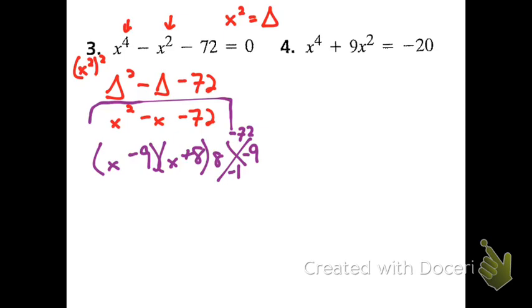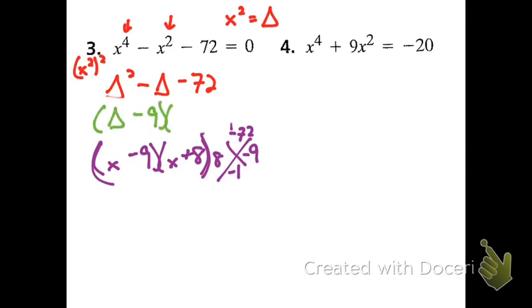If I know that, I'll go ahead and erase some stuff real quick. If I have this, it factors into this. Great. So now, that means up here I can factor this into, using the triangles, triangle minus 9 and triangle plus 8.